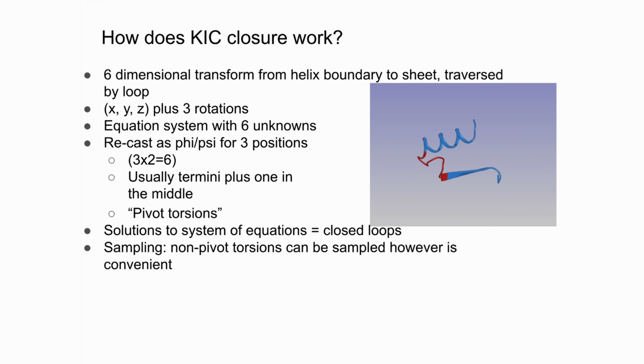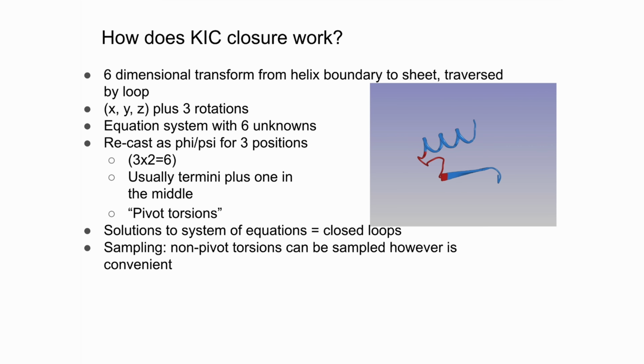Okay, so how does KIC closure work? This is a 6D transform. In this case, it's from a helix boundary to the sheet traversed by the loop. You have your Cartesian coordinates, x, y, z, and then your 3 rotations that you can do. You can essentially set this up as a system of equations with 6 unknowns, right?